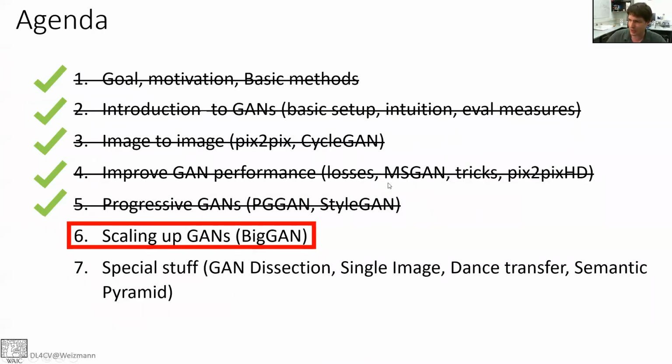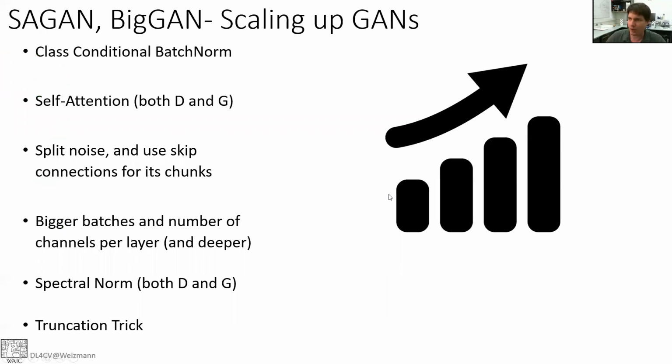So the next thing is scaling up GANs. We're talking in particular about two steps that we're taking. One is called self-attention GAN, and the other is Big-GAN. The purpose here is to be able to generate diverse images, not just of faces, not just of chairs, not just of outdoor views, but to take on ImageNet, all these 1,000 classes, and generate diverse images.